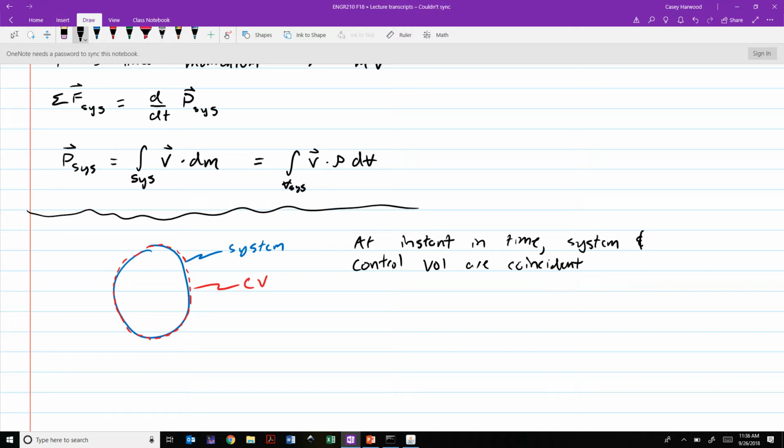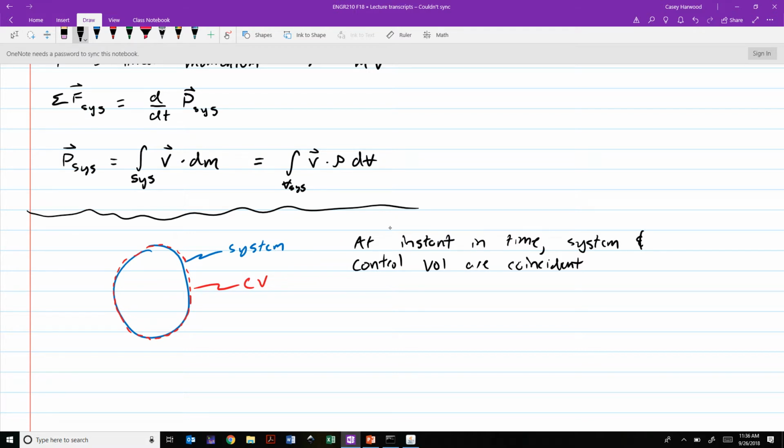That is, the contents of the control volume are the system, and the system makes up all of the contents of the control volume. The reason this is important is that at this instant in time, when the system and the control volume occupy the same space, the sum of forces on the system is also the sum of the forces on the contents of this control volume.